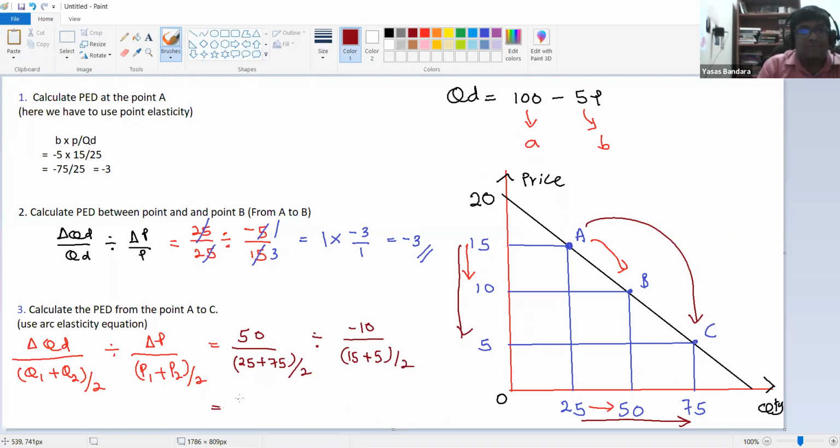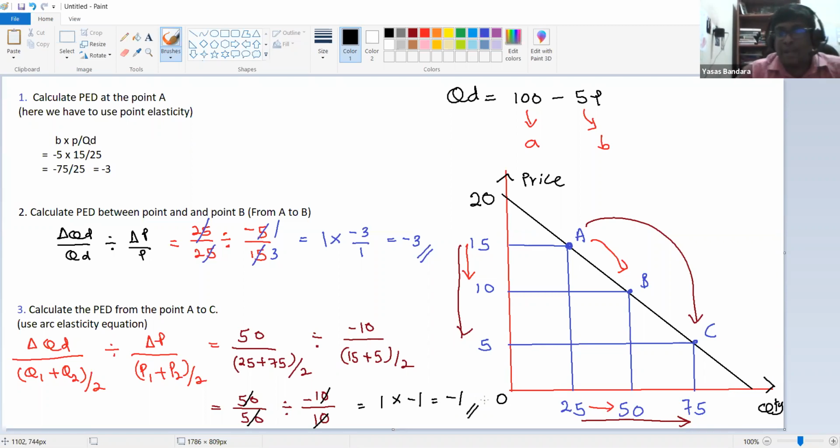So let us finalize. 50 over 25 plus 75, 100 divided by 2 will be 50. Divided by minus 10 over 15 plus 5, 20 divided by 2 will be 10. There we go. 50 goes for 50, 10 goes for 10. That is 1 into minus 1. What is the answer? Minus 1. That's the answer.